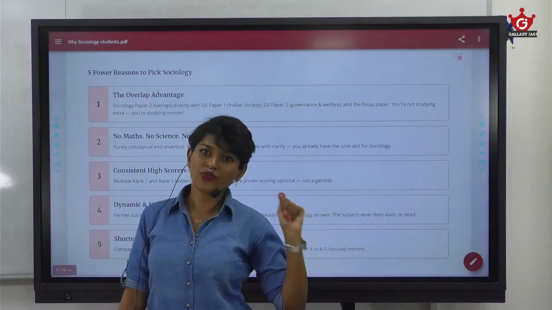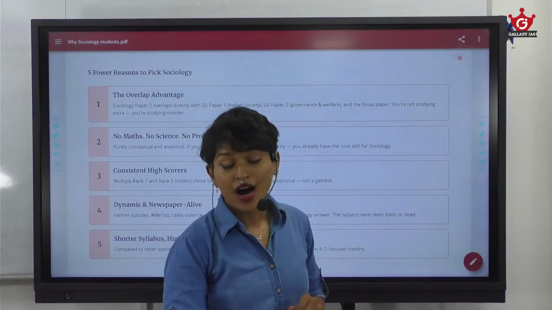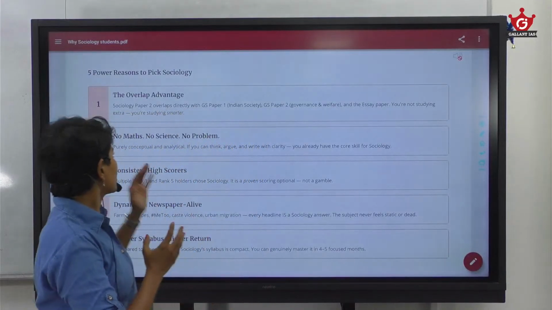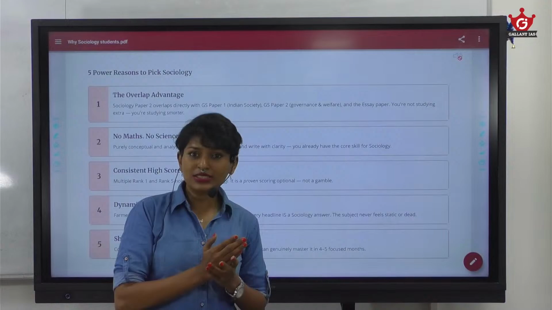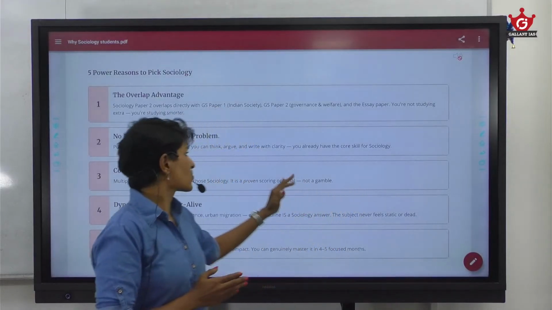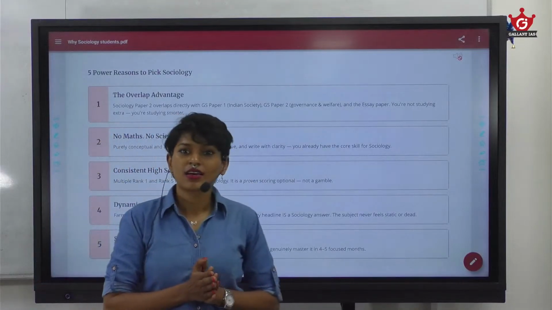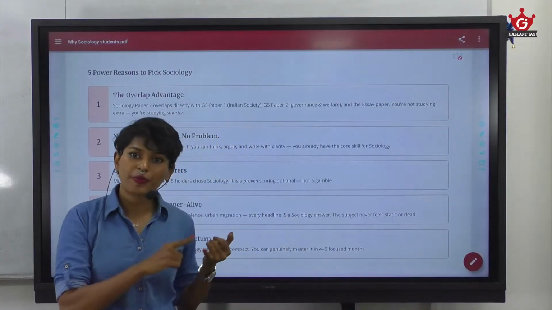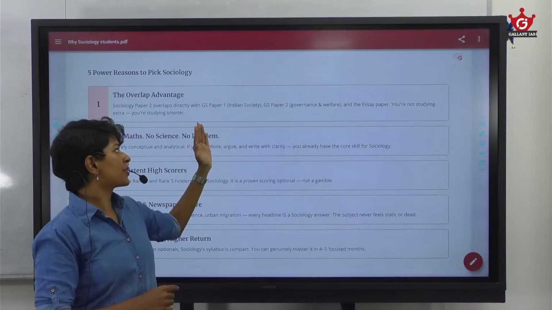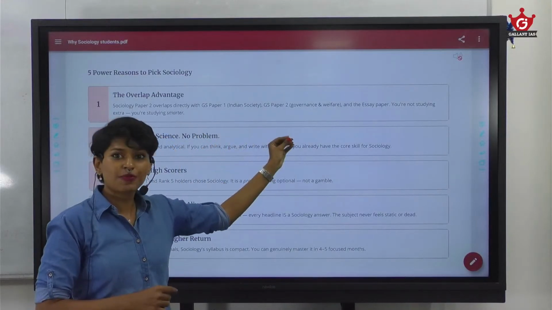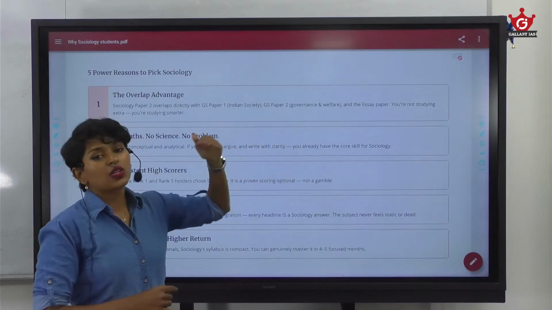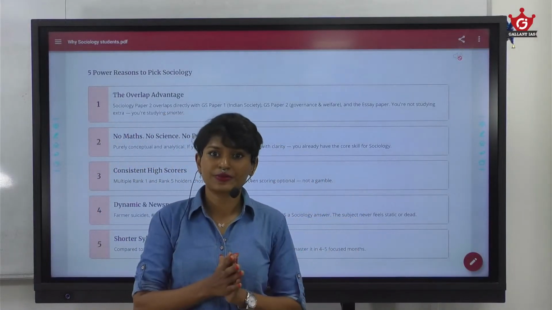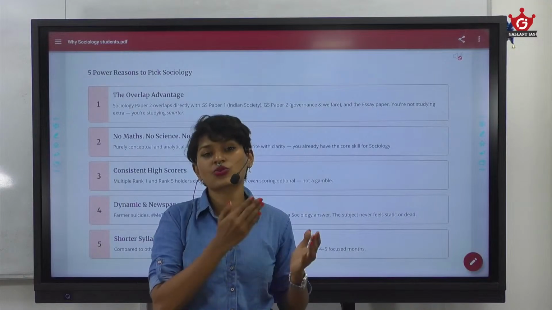The first one I always say is overlap, the advantage you get when you consider sociology paper 1 and paper 2, specifically sociology paper 2. Anyway, you have to cover all the GS papers, right? So when you're covering GS paper 1, you go through the syllabus, Indian society, or in GS paper 2 or GS paper 3, the portions relating to governance, welfare schemes, and the essay paper, you can directly see that in the sociology syllabus too.